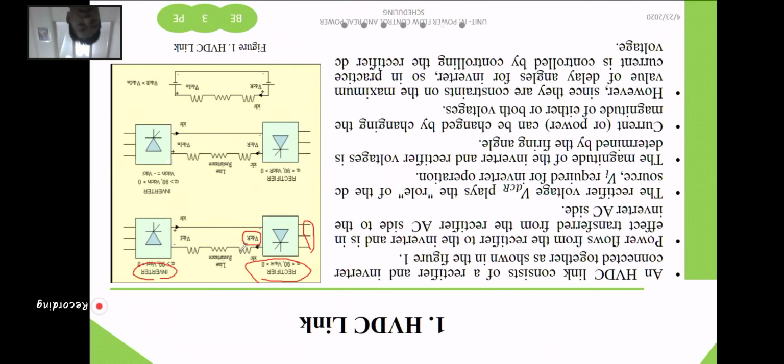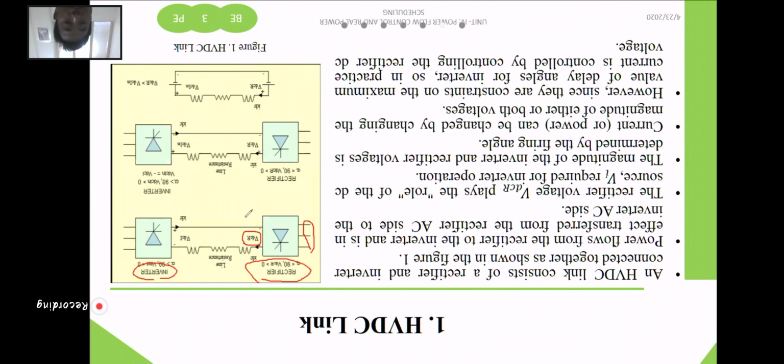You might have done VDC, but here I have given VDCR, meaning the rectifier voltage VDC. This will play a very important role as the DC source, because from here it is an AC source. After rectifying, we get a voltage VDC.